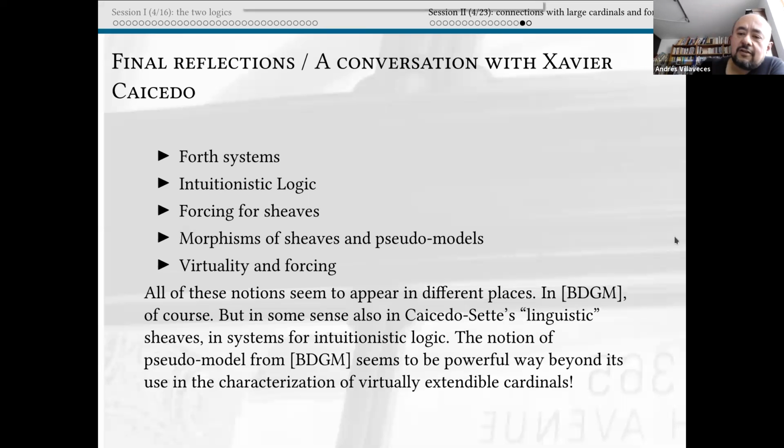This is a long, extended discussion we have had over the years. He was my master's thesis advisor here in Bogota before I went to work with Kunen on large cardinals and models of set theory in the US.